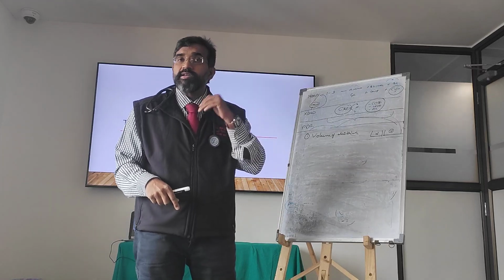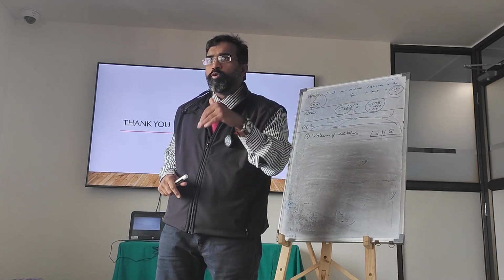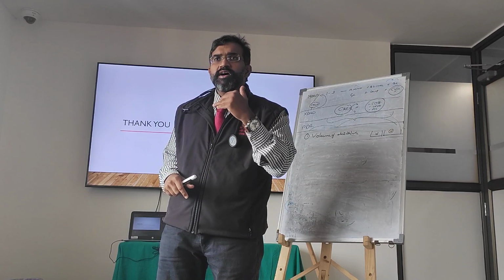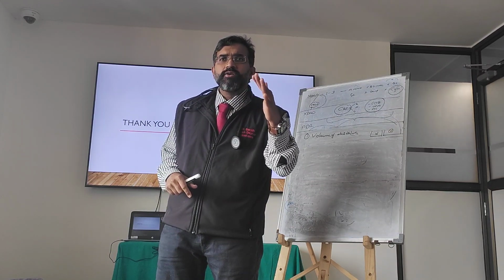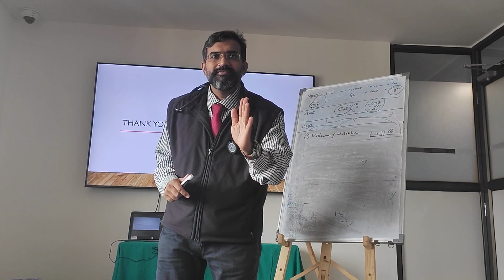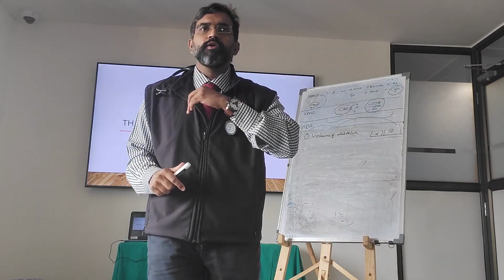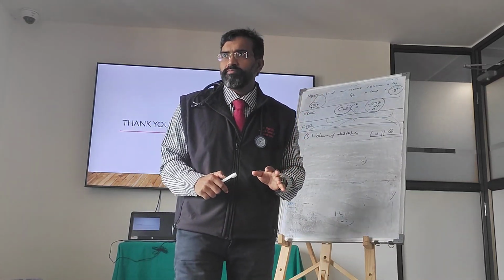In a critically ill patient, when a patient comes in from home with low blood pressure and so on, what do you normally do? You resuscitate them, and when you resuscitate, you are giving loads of volume.